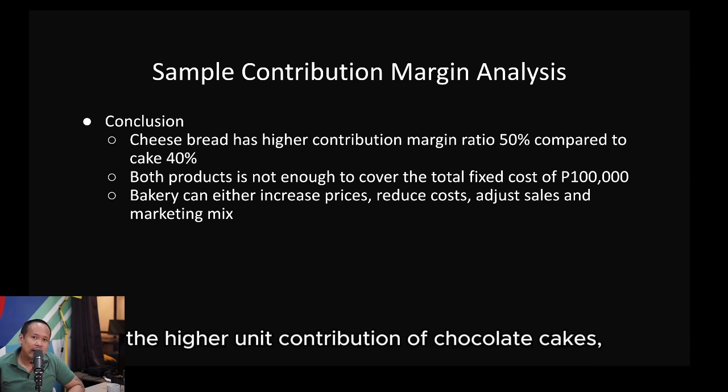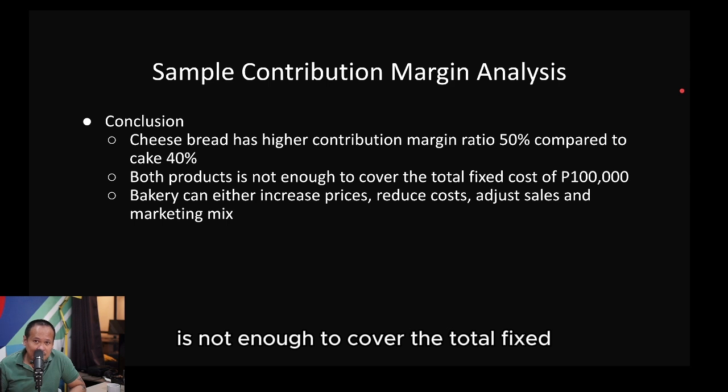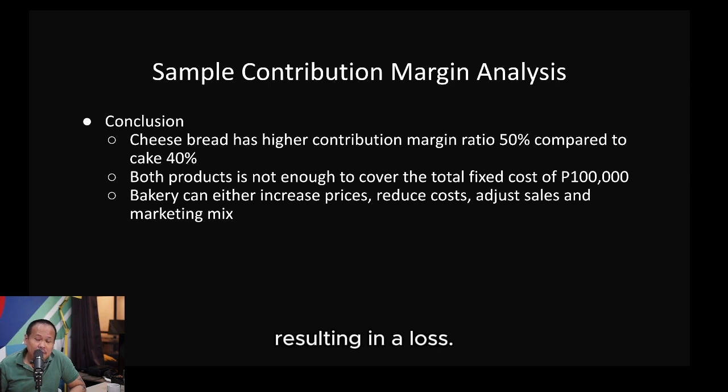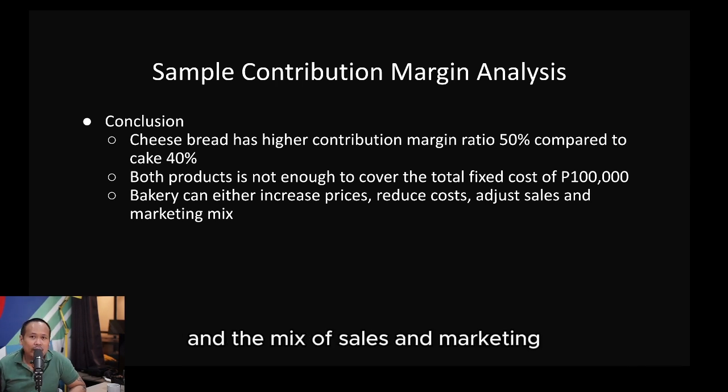But despite the higher unit contribution of chocolate cakes, the overall monthly contribution, when multiplied by the number of units sold from both products, is not enough to cover the total fixed cost of 100,000, resulting in a loss. So this analysis highlights the importance of not only maximizing the contribution margin per unit, but also the impact of sales volume and the mix of sales and marketing of the products on overall profitability.